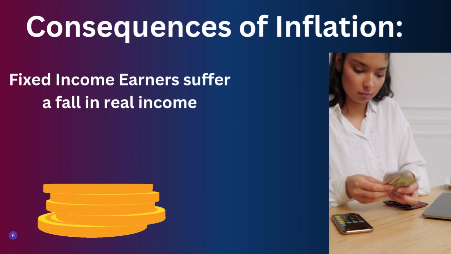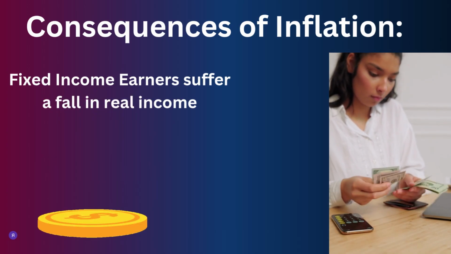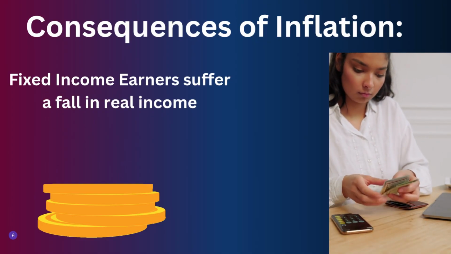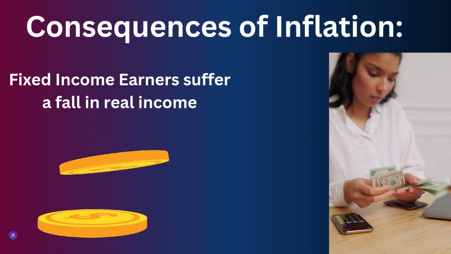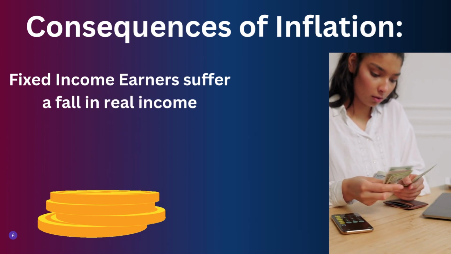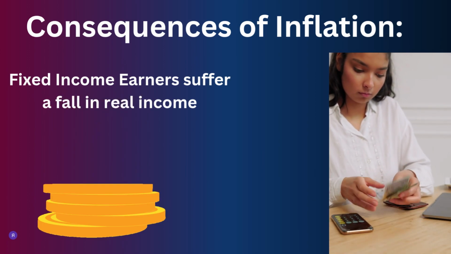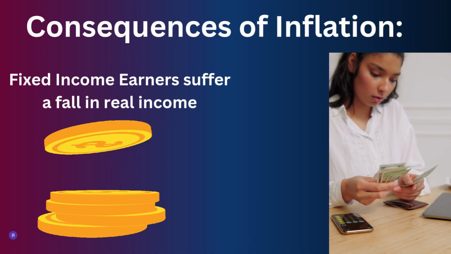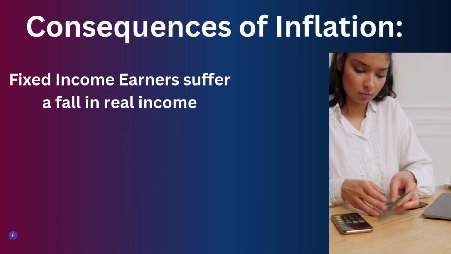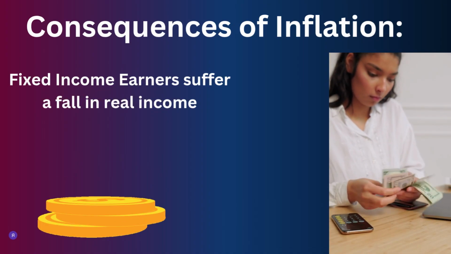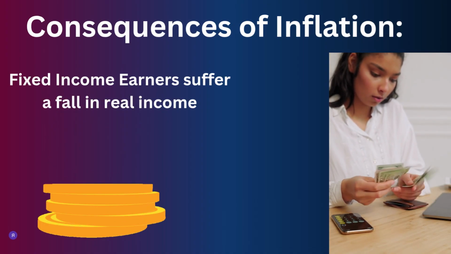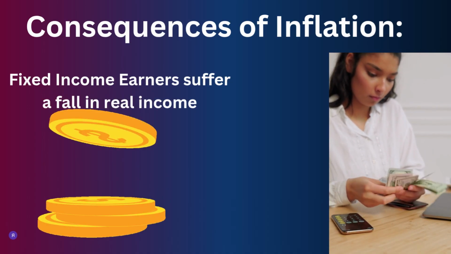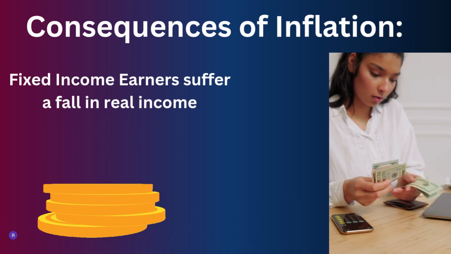So, these monthly paid individuals that get 6,000 or 7,000 every month, they are losing out because even though the prices of goods would have increased, their salary has not increased. So, therefore, with the same amount of money, they are able to purchase fewer goods, which is why one of the first consequences of inflation is the fact that fixed income earners are suffering a loss.